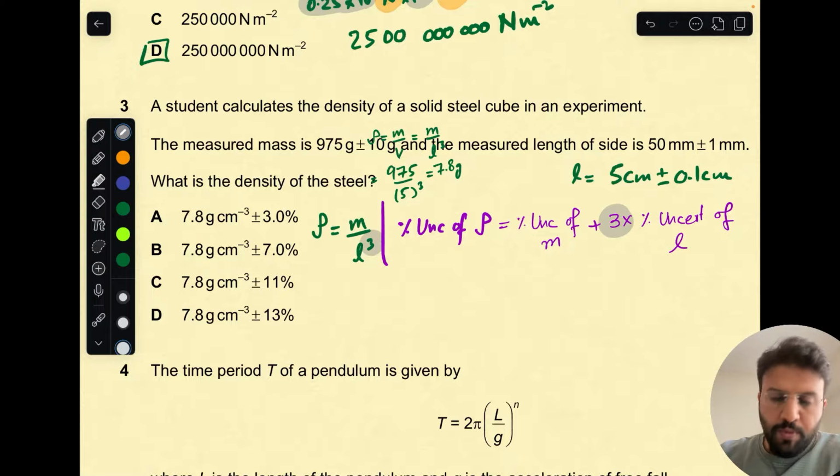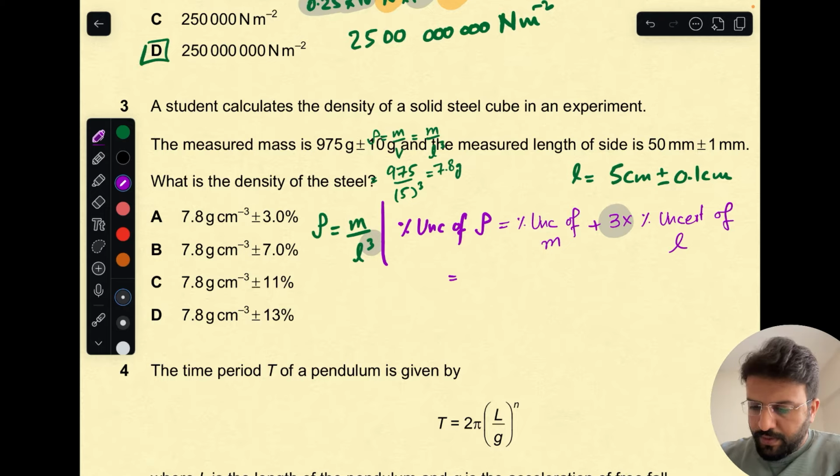Because there is a cube on the length. So that power factor will be multiplied. Okay, so percentage uncertainty of M will be delta M over M multiplied by 100 plus 3 into percentage uncertainty of L, which will be delta L over L multiplied by 100.